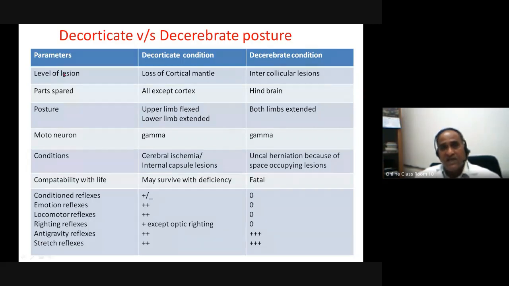Look at this table: level of lesion, parts spared, posture, motor neurons, conditions, compatibility with life, and other reflexes: conditioned, emotional, locomotor, righting, anti-gravity, and stretch reflexes. Remember all these and rehearse this table, and that would make you thorough with the decorticate and decerebrate preparations.